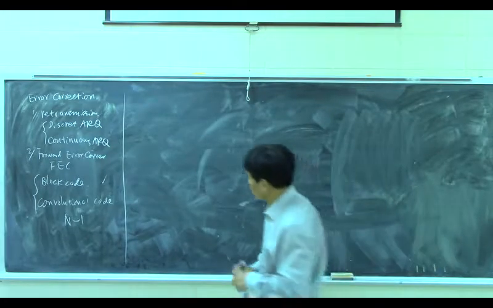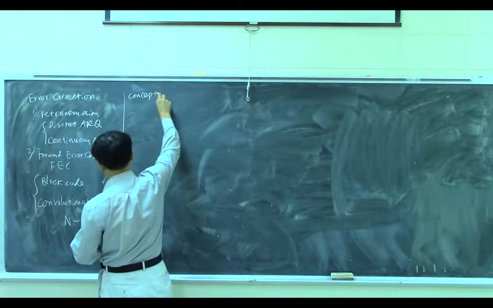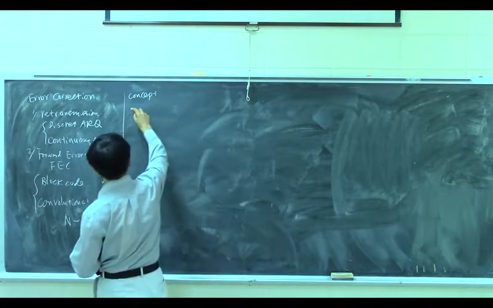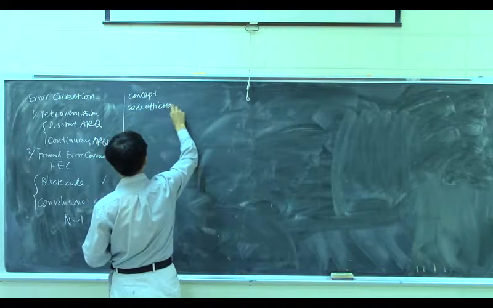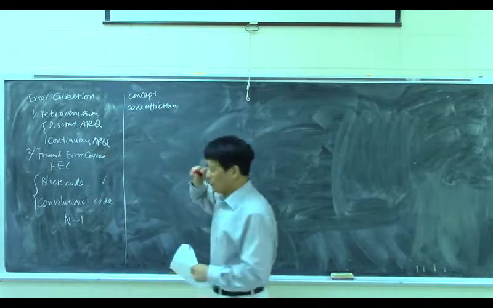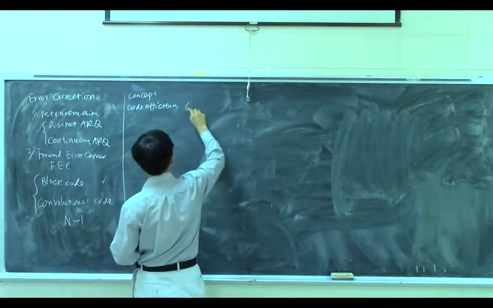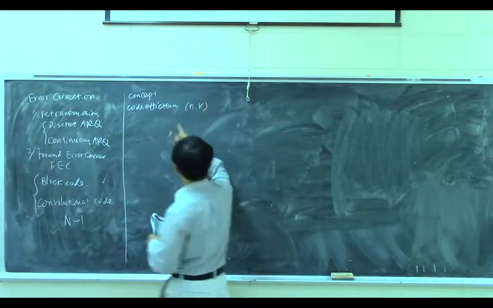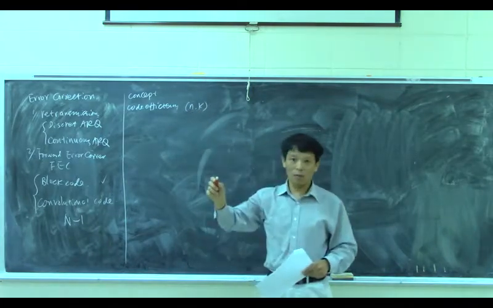Before we discuss this, we have several concepts to discuss. The first one is code efficiency. For example, if I have an (n,k) code, n is the number of bits in the code, and k is the number of data bits.